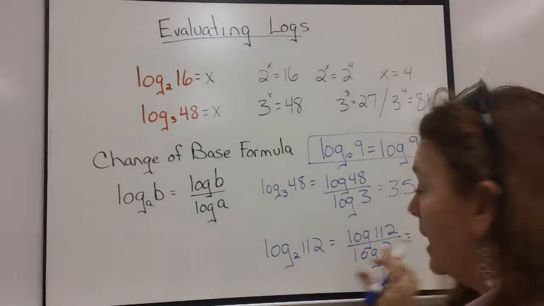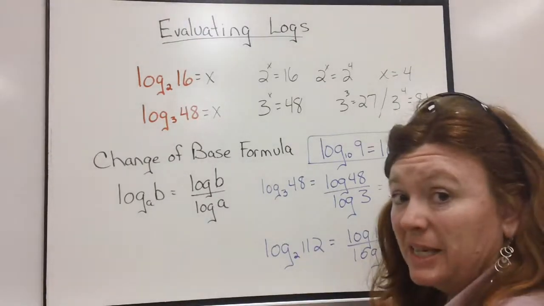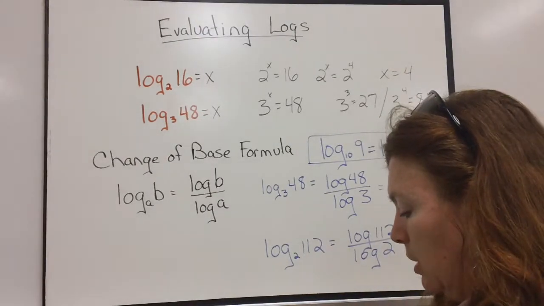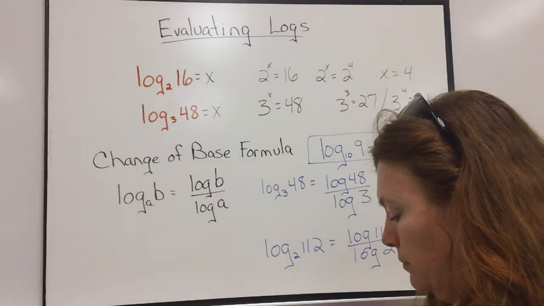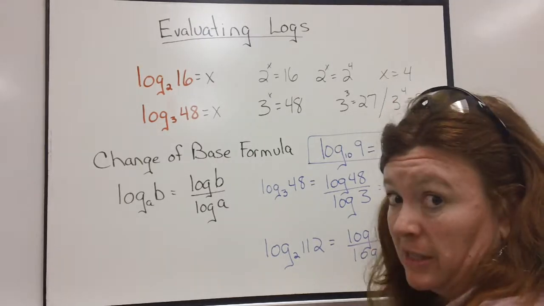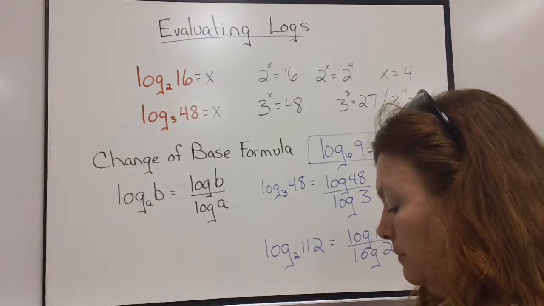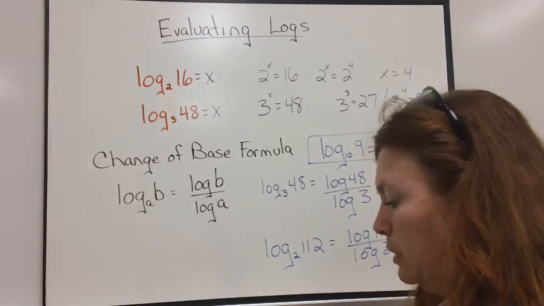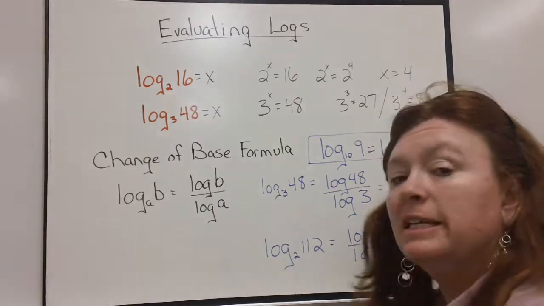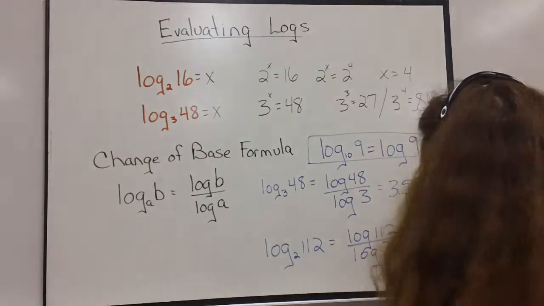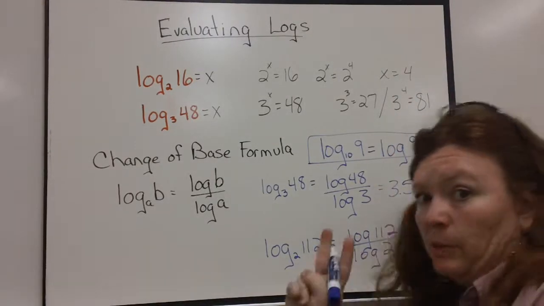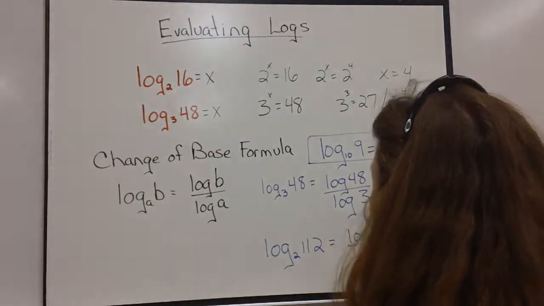I can just hit log of 112 and then close the parentheses and then divide by log of 2 and close my parentheses. And what do I get? 6.81. Two decimal places. Okay.